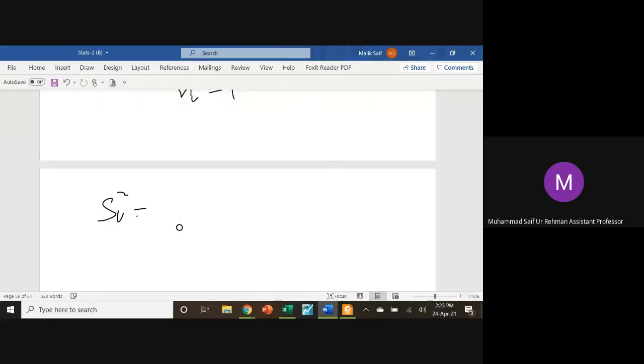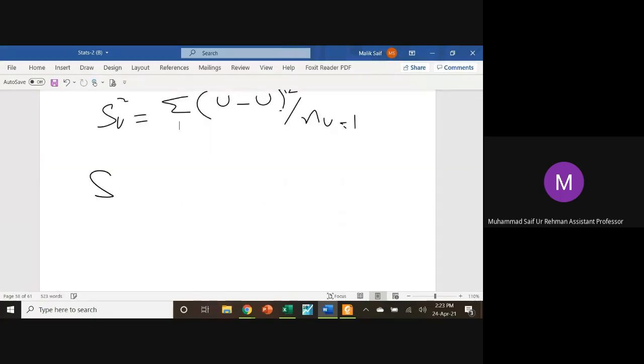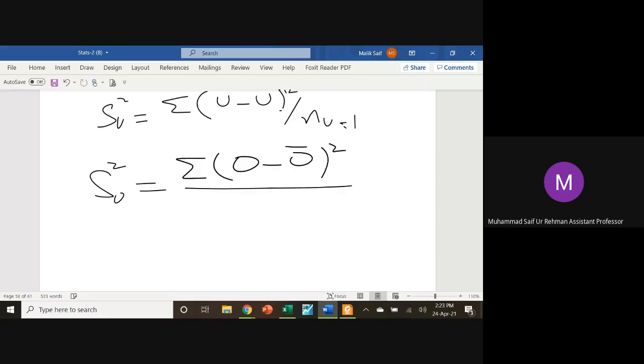SU square will equal summation, in this case you are using U, so U minus U bar square divided by NU minus 1. This will be the formula. So variance, and SO square will be summation O minus O bar square divided by NO minus 1, like this.